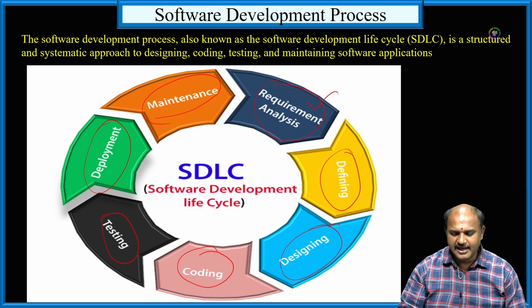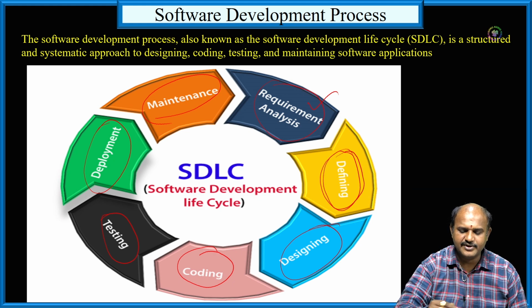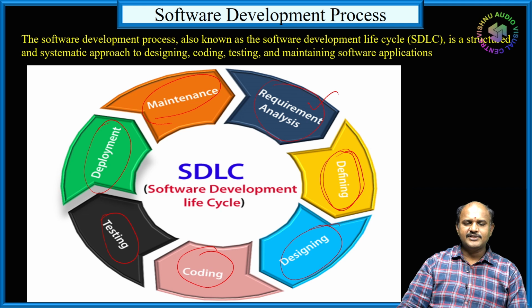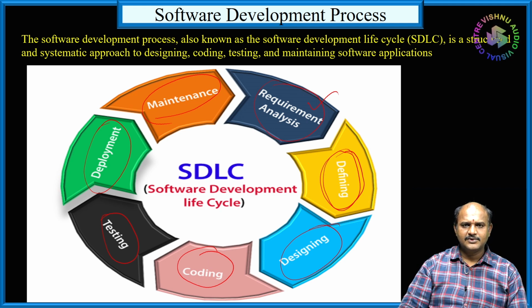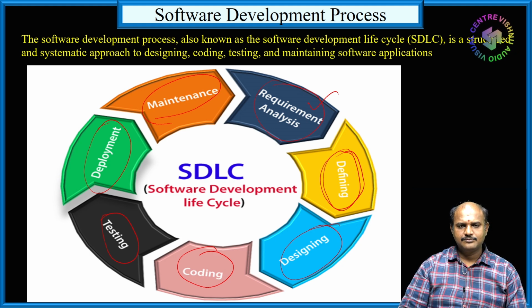After that, go for the definition phase. The definition phase is about what problem is given and what planning you are going to do. Here, in the planning itself, we have to create different objectives for the success of the project.